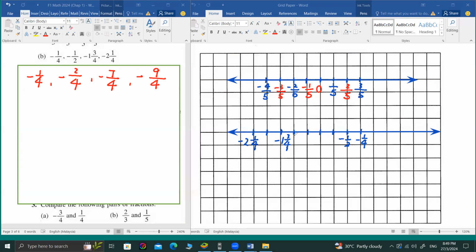Why do I ask you to write this way? Because as I mentioned, there are students that get minus marks from the teacher. Because sometimes you do not know whether your teacher accepts or not. Okay, let's say your teacher accepts, you go ahead. Understand? Or you write like this. My advice is to do like this. Let's say you already know this is negative 9 per 4, right? So you can write this as negative 2 and 1 per 4.